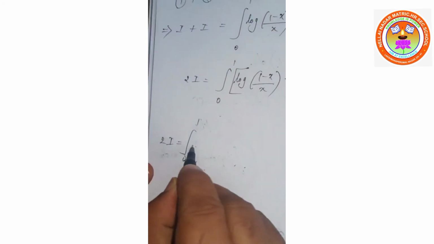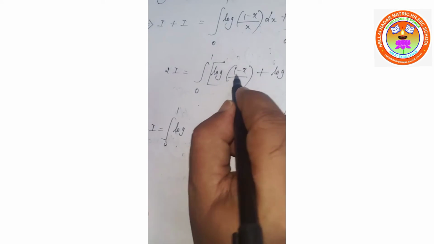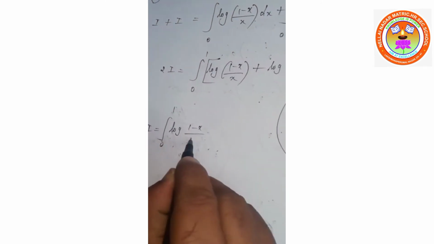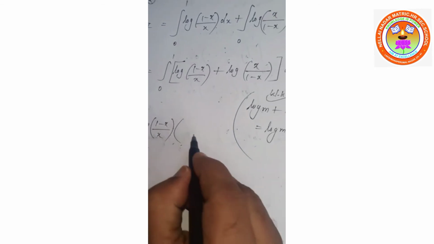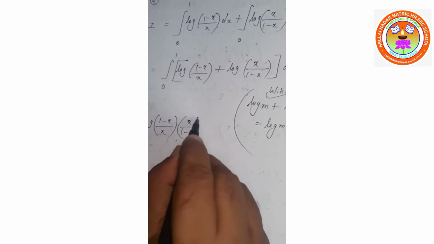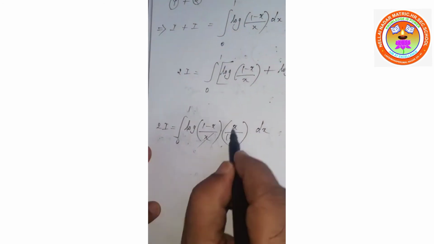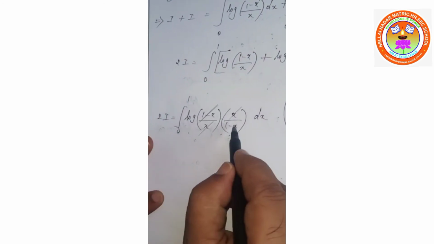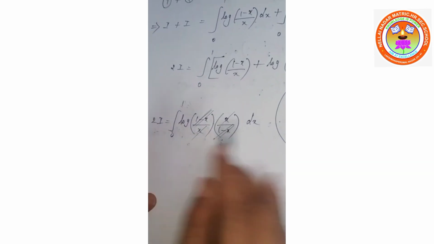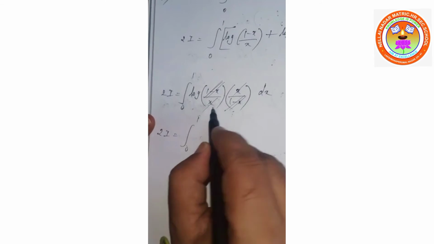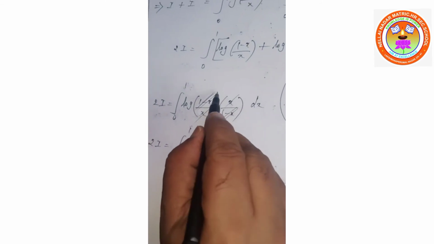So 2I equals integral 0 to 1 log of, this is m, this one is n, so I have to multiply (1 minus x) by x into x by (1 minus x). Finally I have to write dx. So x gets cancelled, 1 minus x gets cancelled, and we get 1 here.